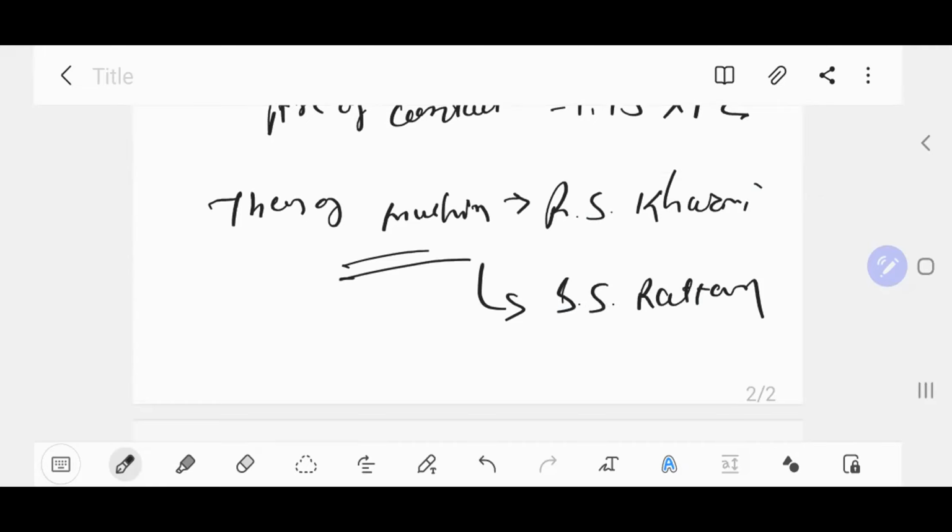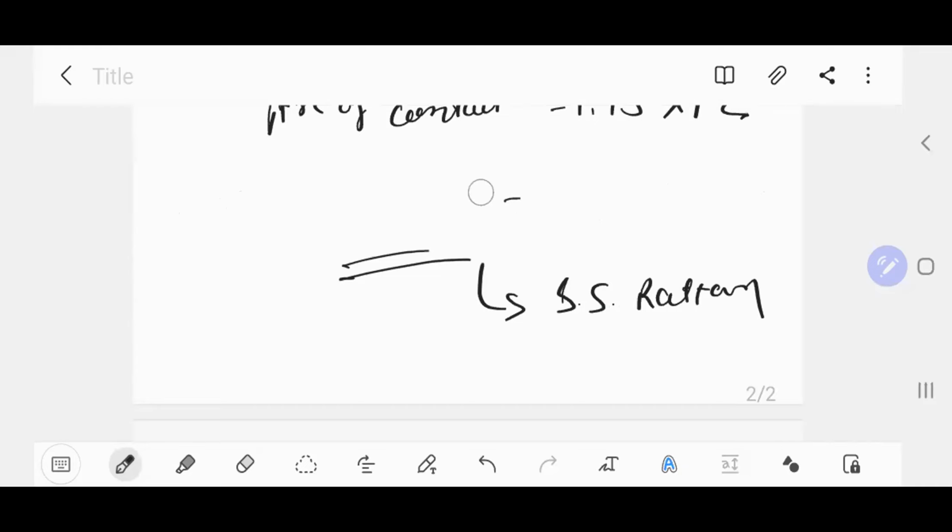And I have a soft copy of Khurmi, chapter wise.